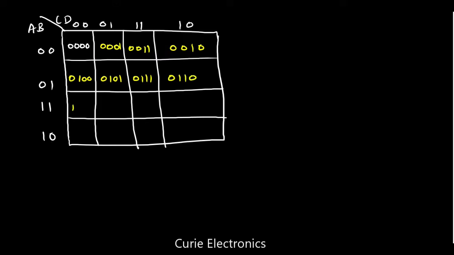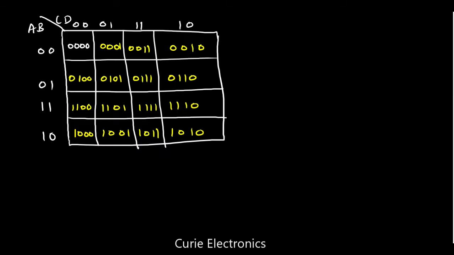Then 1 1 0 0, 1 1 0 1, 1 1 1 1, 1 1 1 0, 1 0 0 0, 1 0 0 1, 1 0 1 1, and again 1 0 1 0. These are the min terms we are going to represent.